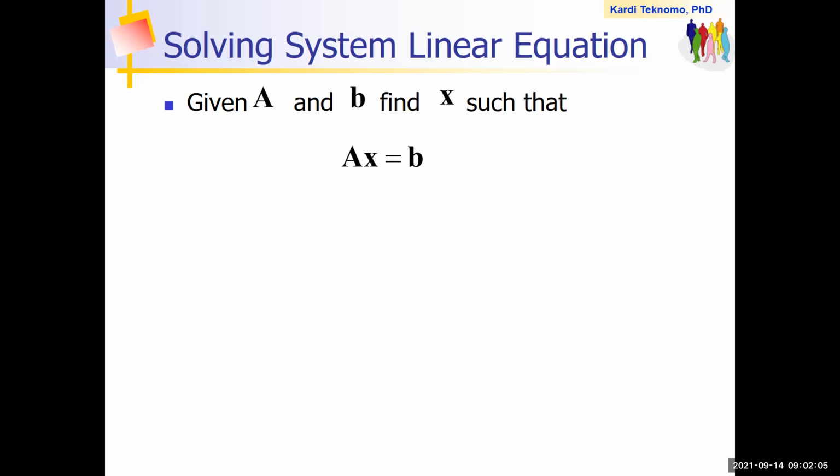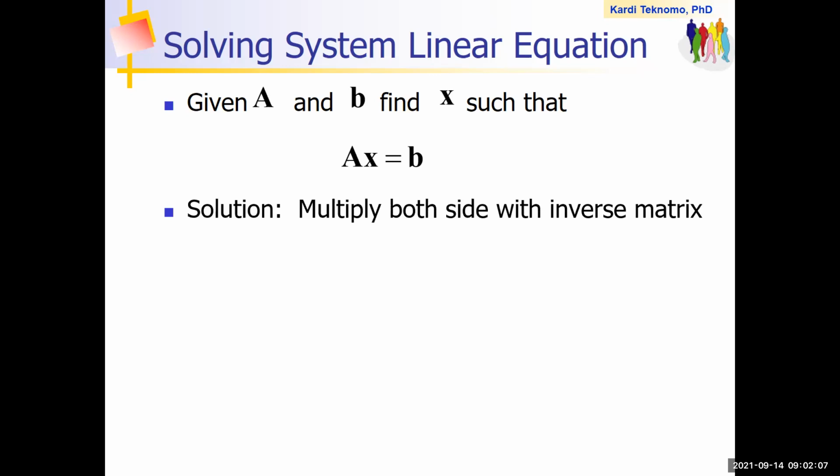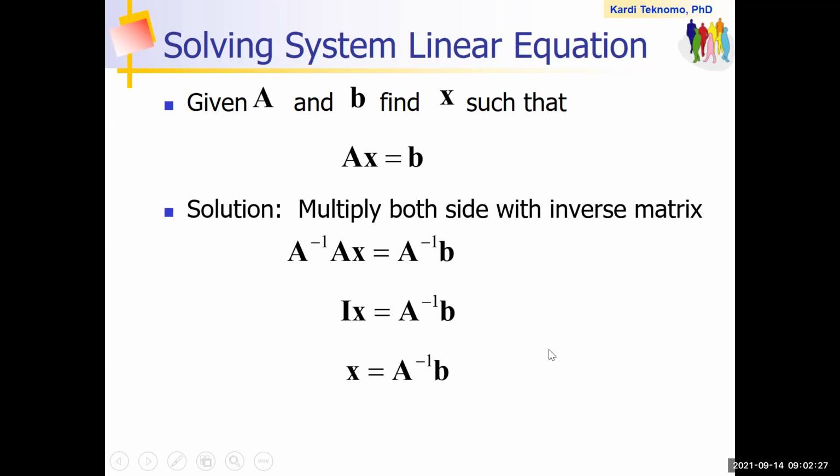The solution is to multiply both sides with the matrix inverse. A inverse times A gives the identity matrix, so x is equal to A inverse times P.